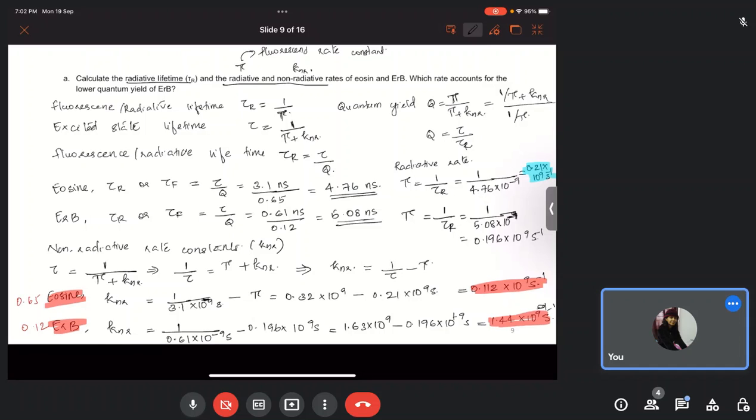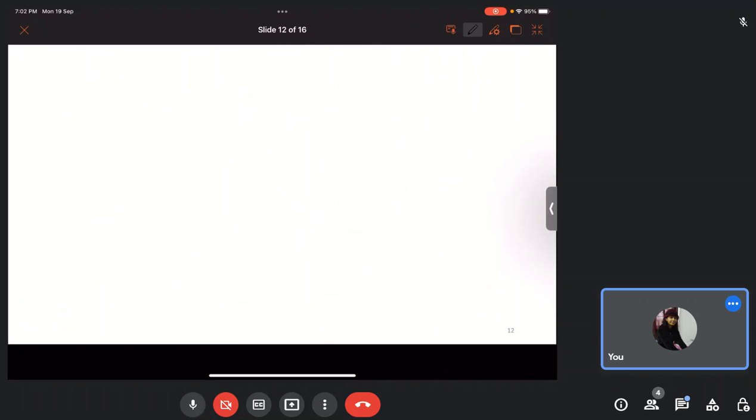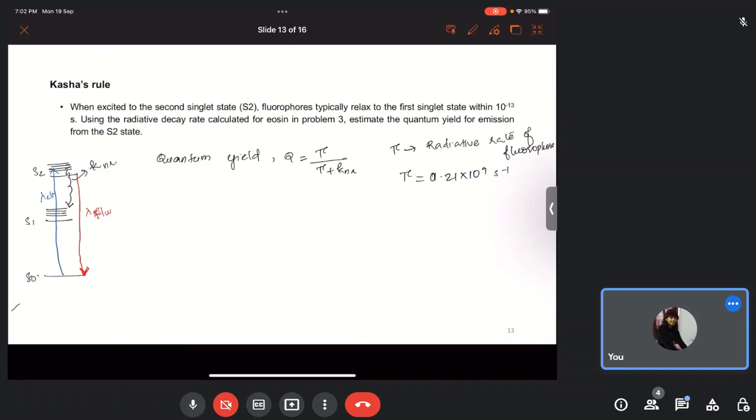Sorry about that. So gamma is equal to 0.21 into 10 to the power 9 second inverse, and your KNR, the non-radiative process, here is going to be related to 10 to the power minus 13 seconds.